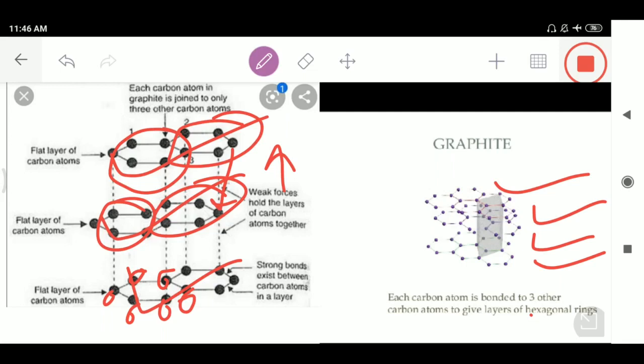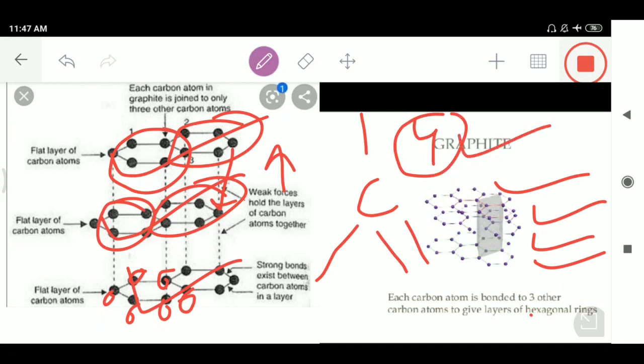Because the central carbon atom of the graphite is linked to only 3 carbon atoms, and carbon has a valency of 4. That means it should share 4 of its valence electrons, but it shares only 3 valence electrons. This is 1, 2, and this is 3.